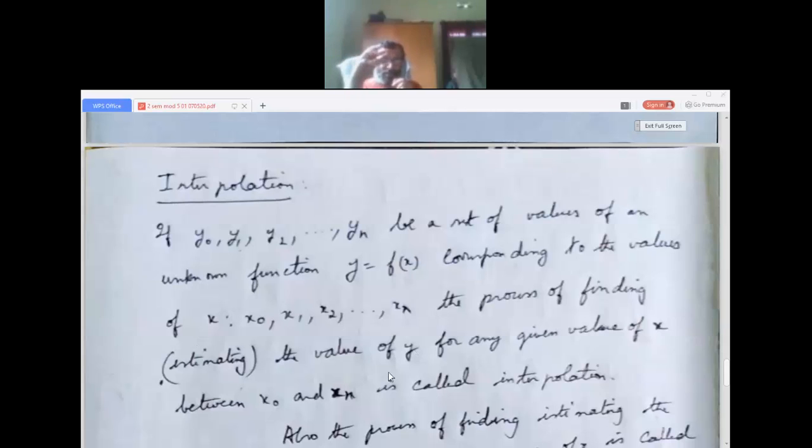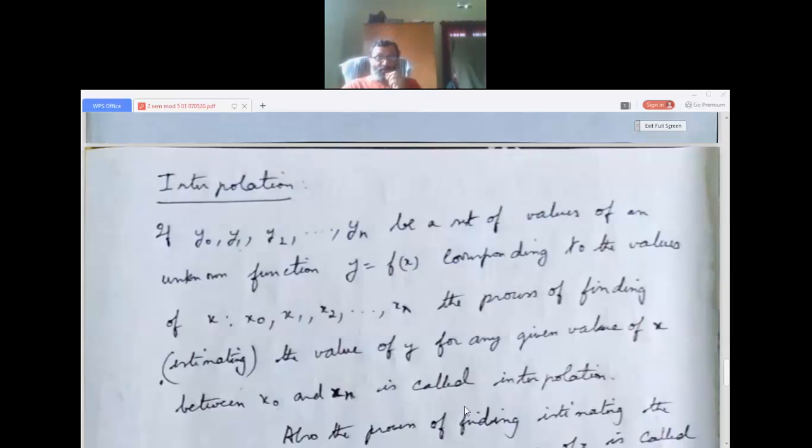Okay, what is interpolation? x0, x1, x2, x3 till xn values will be given, y0, y1, y2, y3 till yn values will be given. The process of finding or estimating the value of y for any given value of x in between x0 and xn is called as interpolation.